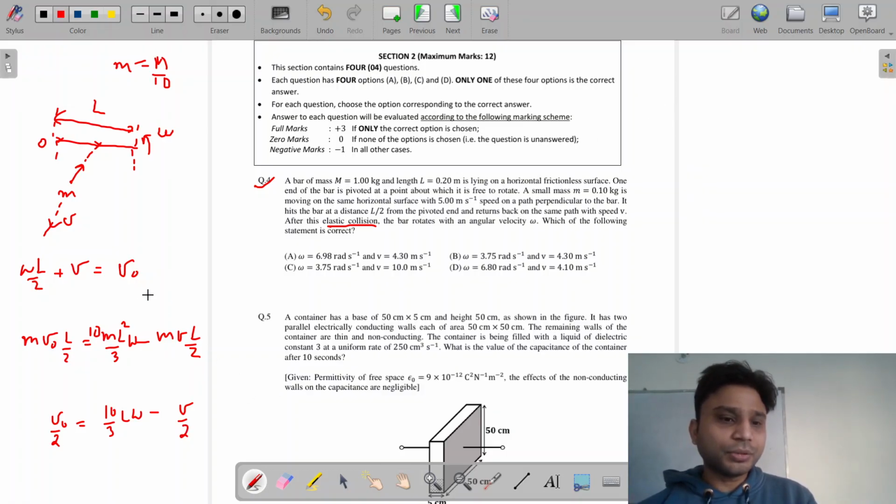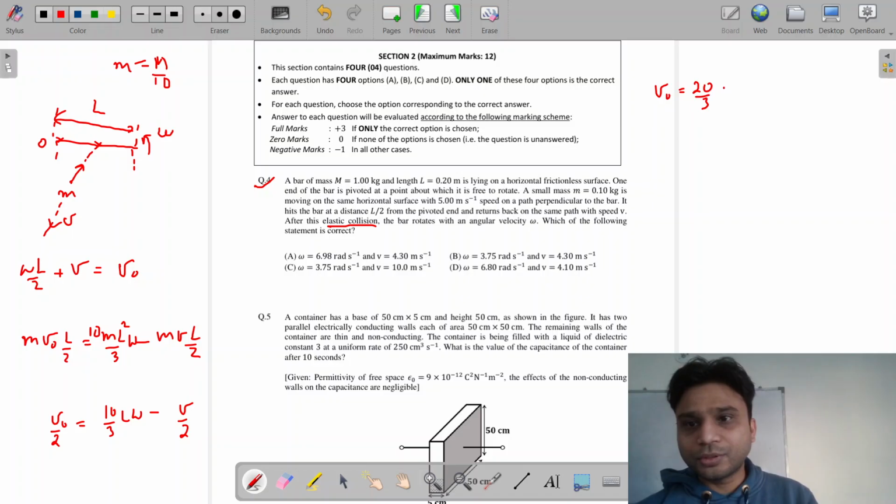From these two equations we have to get rid of the velocity, so that is pretty easy. We can say v naught is equal to 20 by 3 L omega minus v, and v is equal to omega L by 2 plus v is equal to v naught.